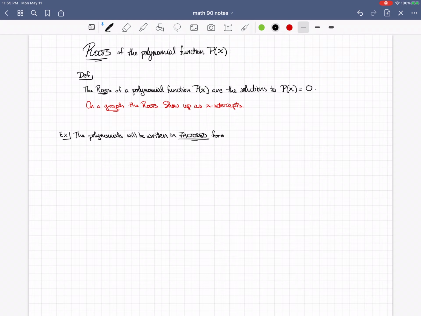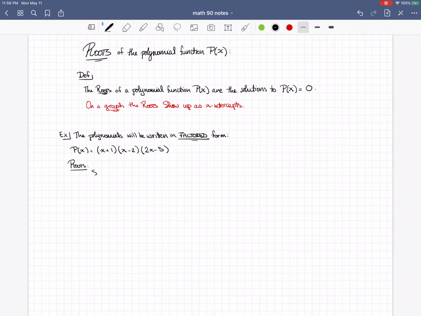Now, this is a luxury that we're going to have to give up pretty soon, but we'll look at one example to start. Say that I had x plus 1 times x minus 2 times 2x minus 5. Okay? So, let's talk about the roots.